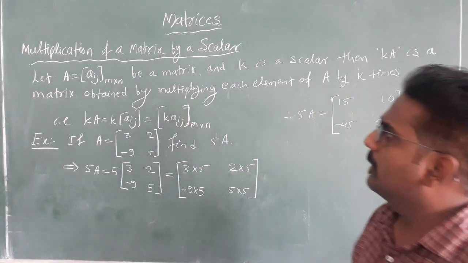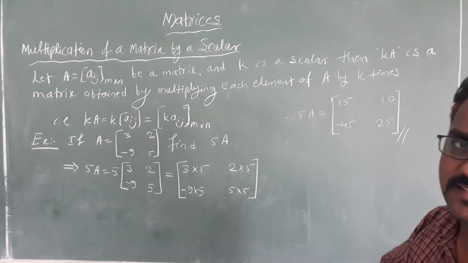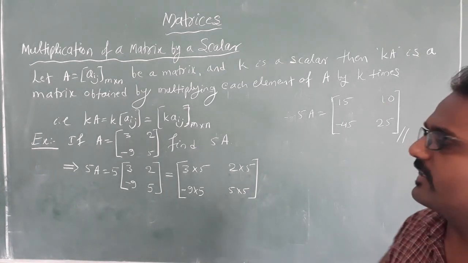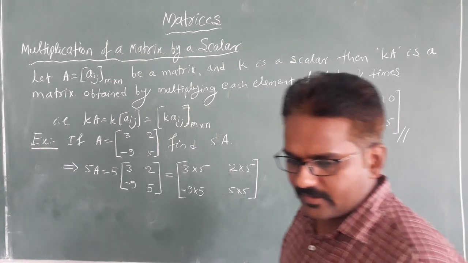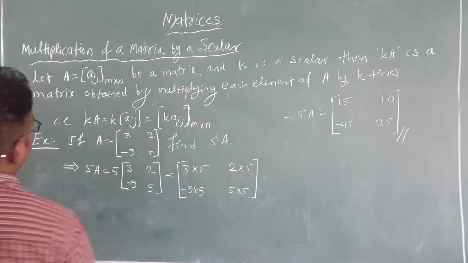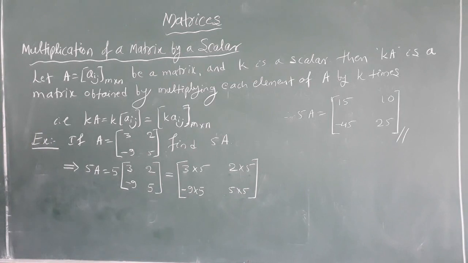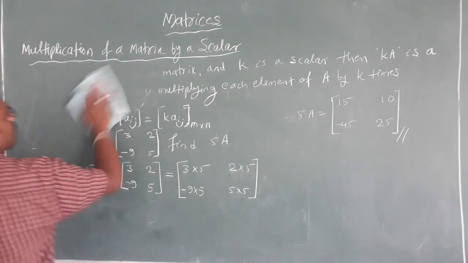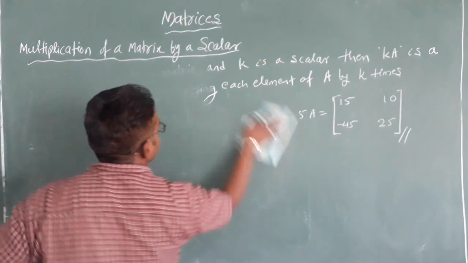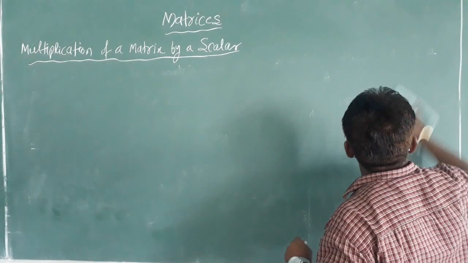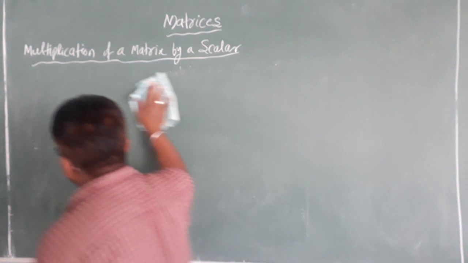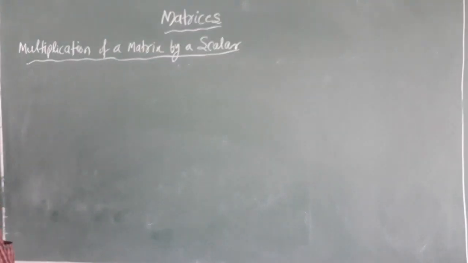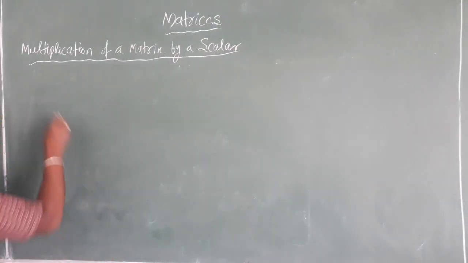From the multiplication of a matrix by a scalar only, we will arise at another concept. What is that? That is the negative of a matrix. See how we will obtain it. The negative of a matrix is also a kind of matrix multiplication by a scalar only.